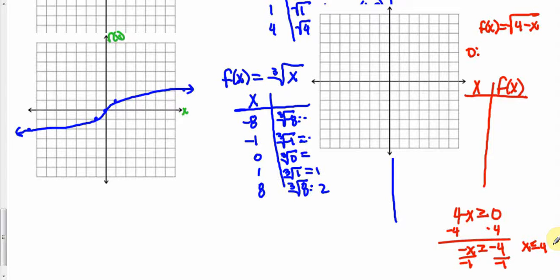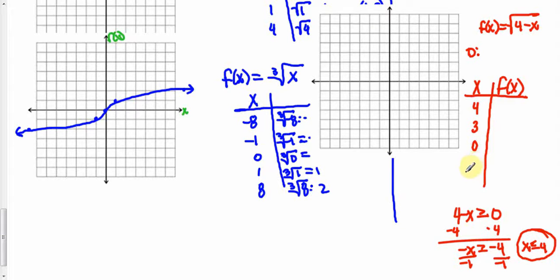So this one's a little different. This says that my x's can be less than or equal to 4, because I'm subtracting x. So I can choose 4 and anything less than 4. What are some numbers less than 4? 3? I could do 0.